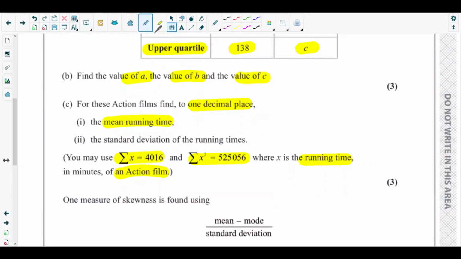Next is part C2. In part C2, they are asking to find, to 1 decimal place, the standard deviation of the running time for the action films. We know that standard deviation is the square root of the variance.